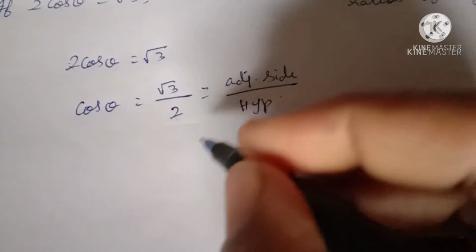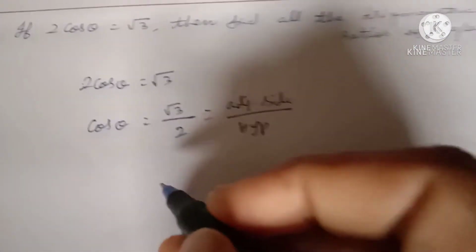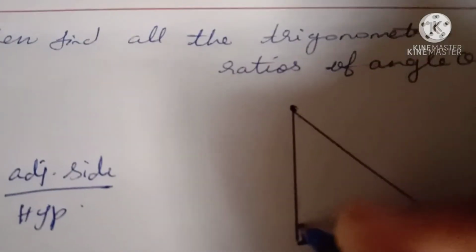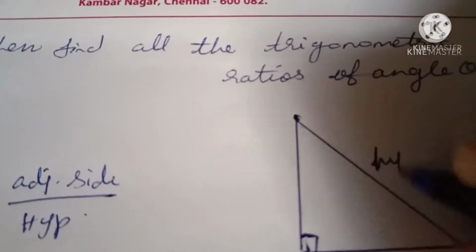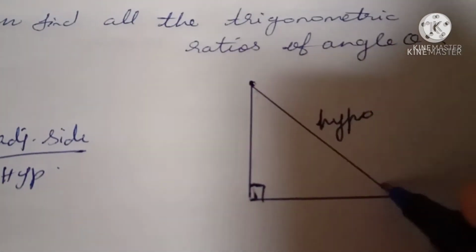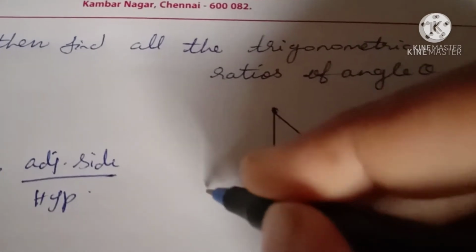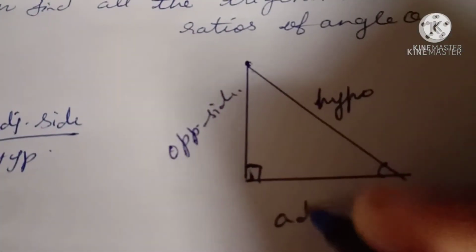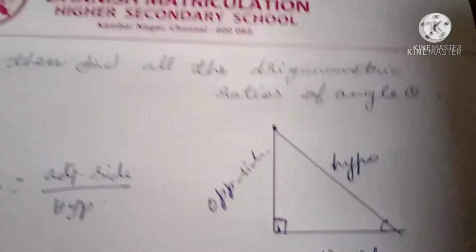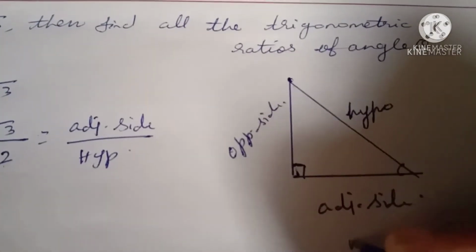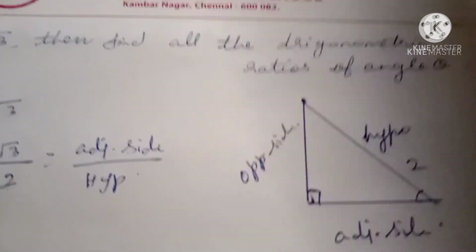So we have to find the opposite side using the right angle triangle. Opposite to the right angle is the hypotenuse, and opposite to theta is the opposite side. The adjacent side value is root 3 and the hypotenuse value is 2.